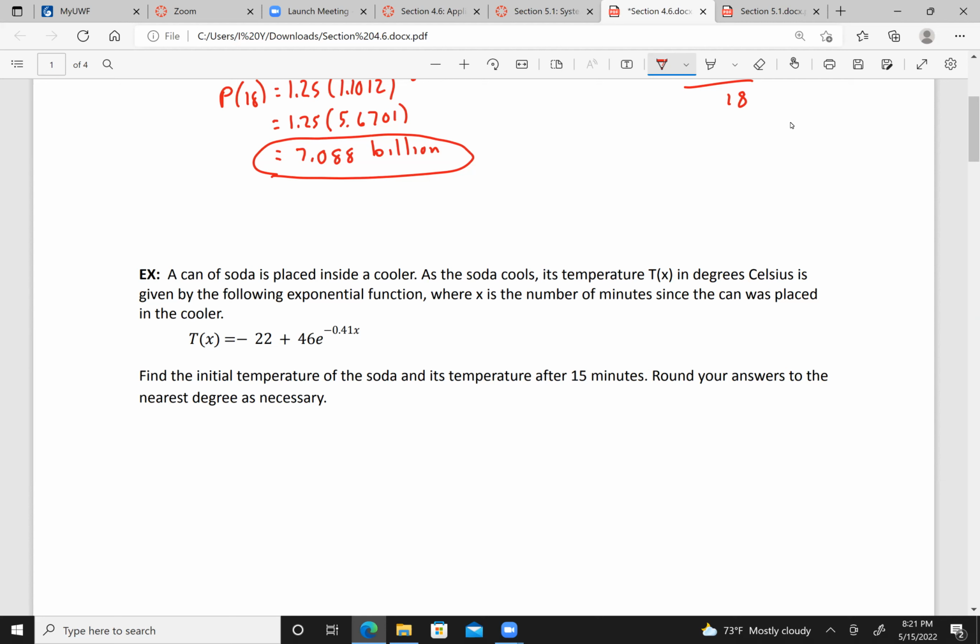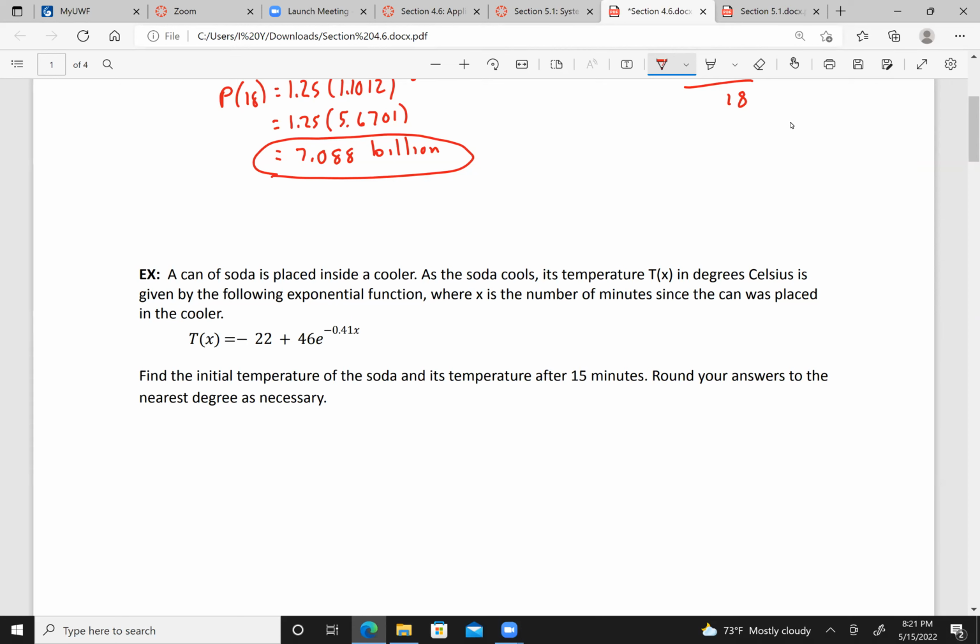So we have T of x equals negative 22 plus 46e to the negative 0.41x. Find the initial temperature of the soda and its temperature after 15 minutes. Round your answers to the nearest degree.